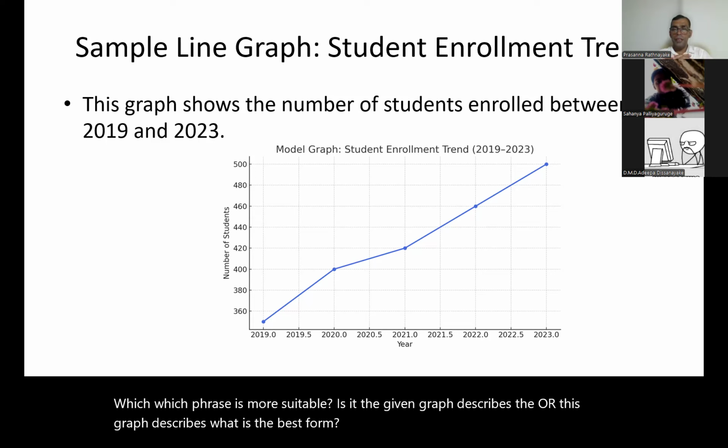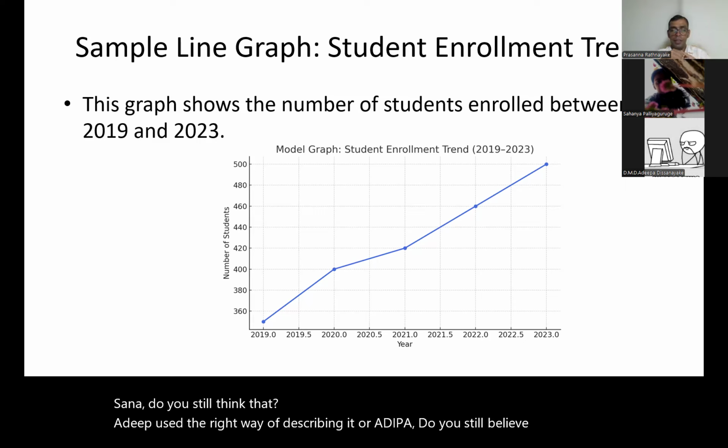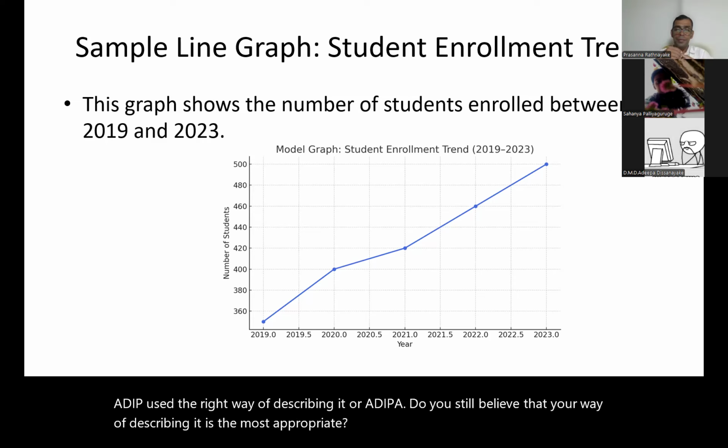Sahanya, do you still think that Adipa used the right way of describing it? Or Adipa, do you still believe that your way of describing it is the most appropriate? Can I hear from Sahanya first?